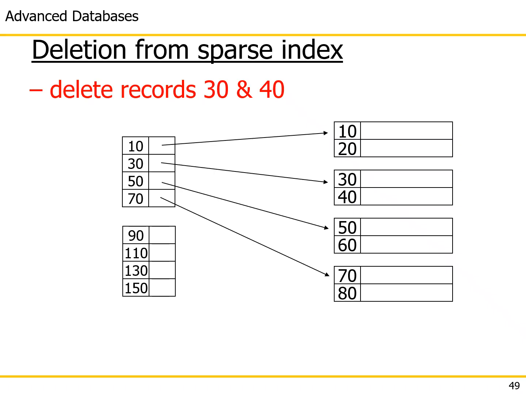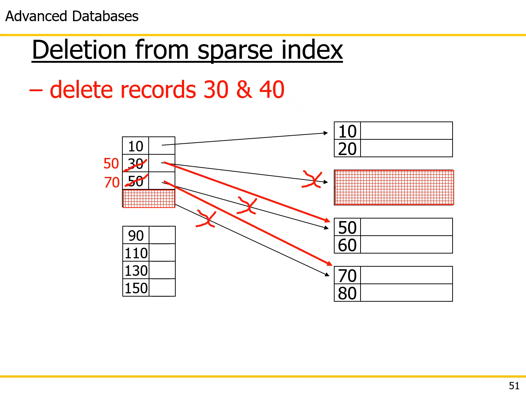What about deleting 30 and 40? We'll follow the same logic, but now when the 30 and 40 are gone, the reference to that page is also gone. And consequently, we need to shift the values up. So we'll move the 50 upward. And perhaps we could fill in this new entry that exists at the end of the first page in the index with some value that will come in the future.